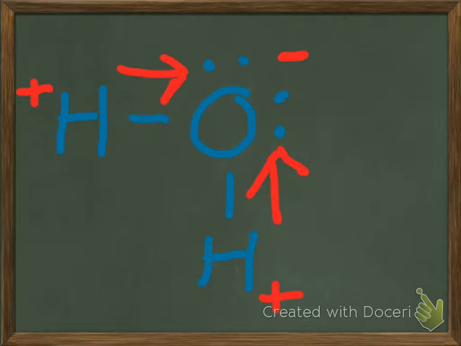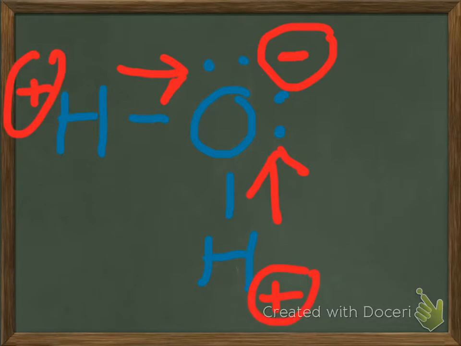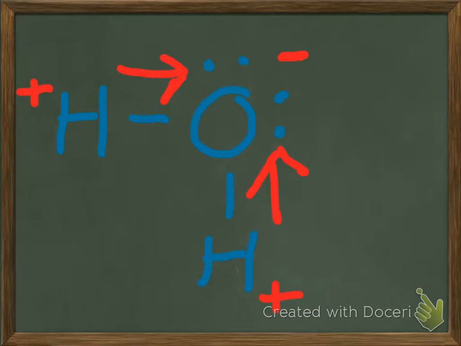In this case, I do. I have a negative end right here and positive ends on the molecule here. So this molecule is what we call polar. I'll take that away so you can see the negatives and the positives. I have opposite ends that are polar on this molecule.